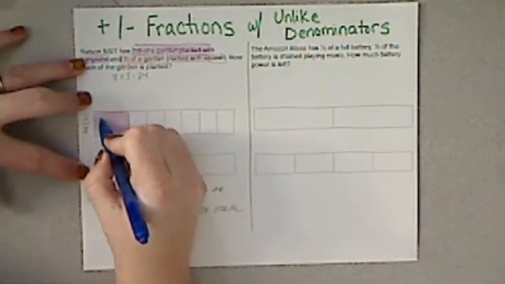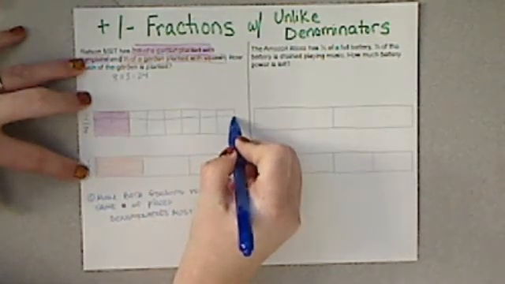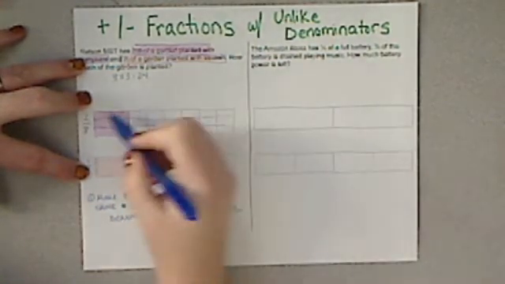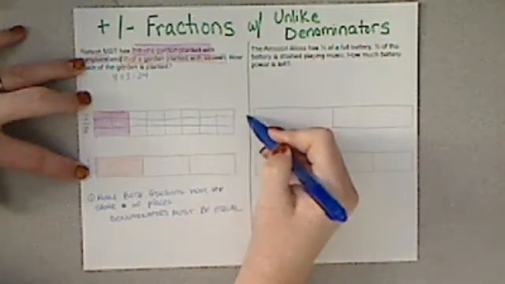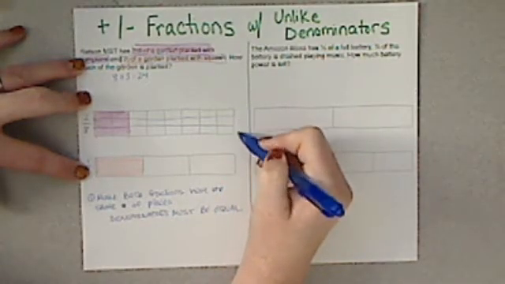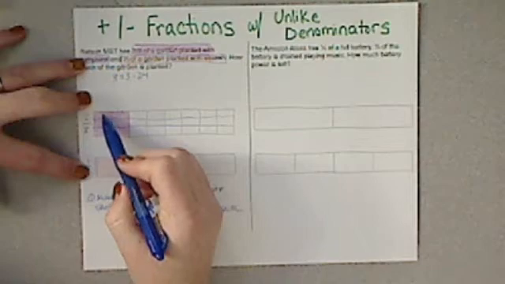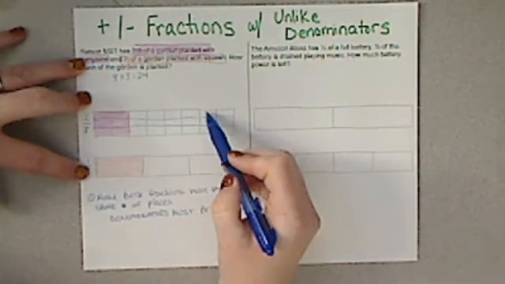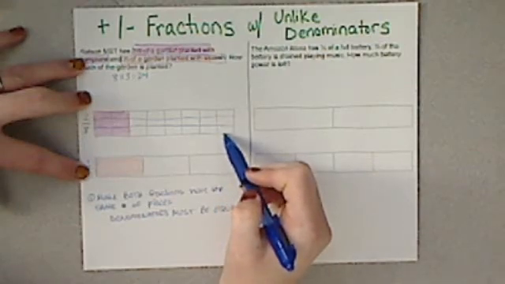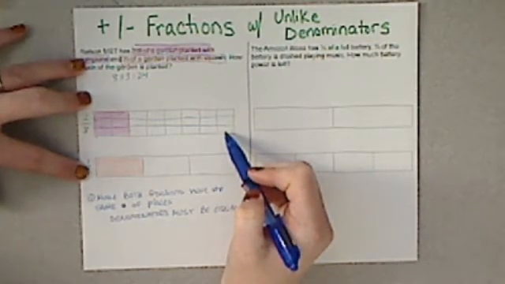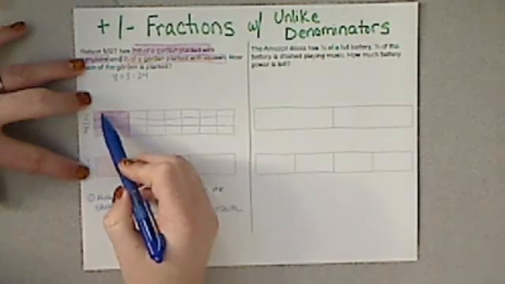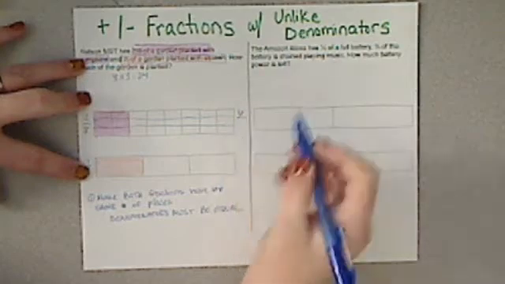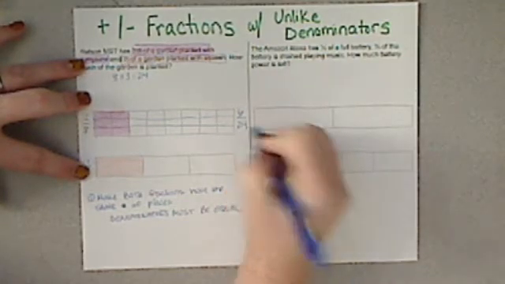I'm going to draw lines sideways because I now have 8 pieces across and 3 pieces in rows, and I now have 3, 6, 9, 12, 15, 18, 21, 24 pieces. So my new equivalent fraction is 1, 2, 3, 4, 5, 6 shaded out of 24.